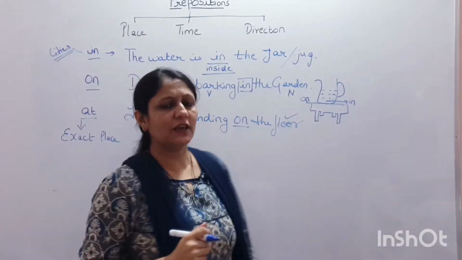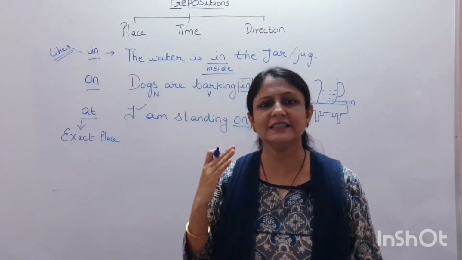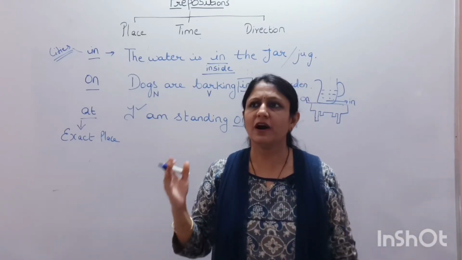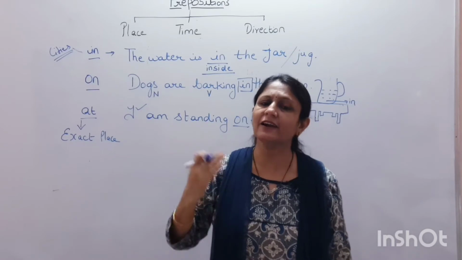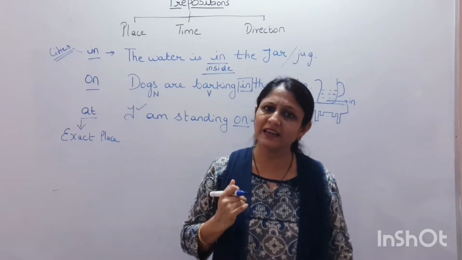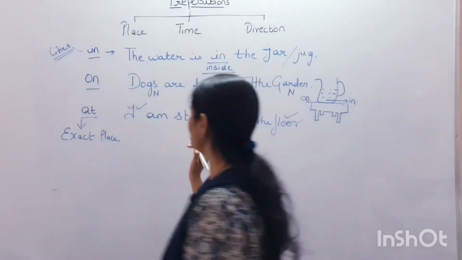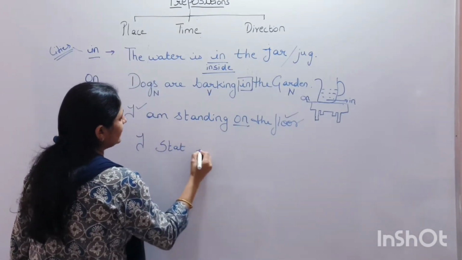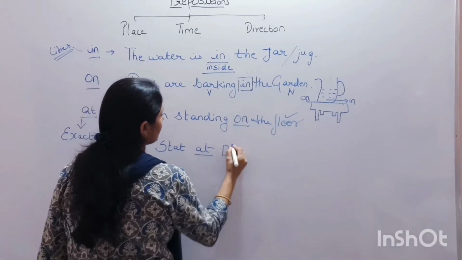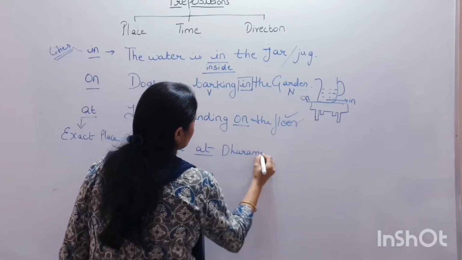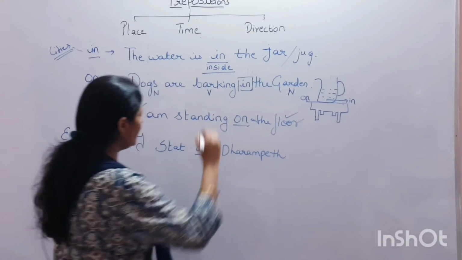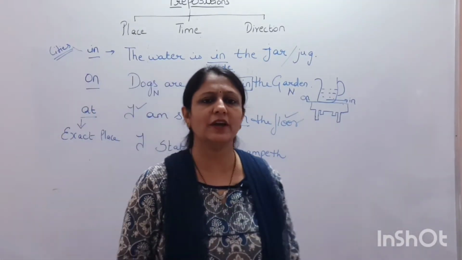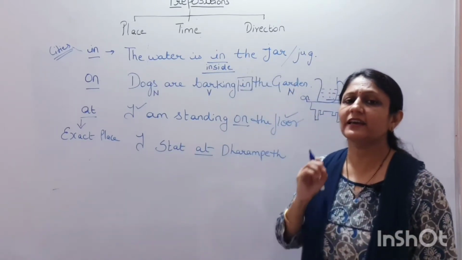If I have to say where do I stay in Nagpur. But Nagpur is a big city. If I want to tell the exact location where I stay in Nagpur, then I can say I stay at Dharampet. Now, this tells the exact place or exact location where I stay in Nagpur.